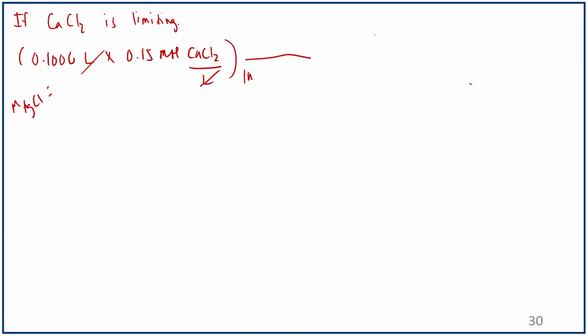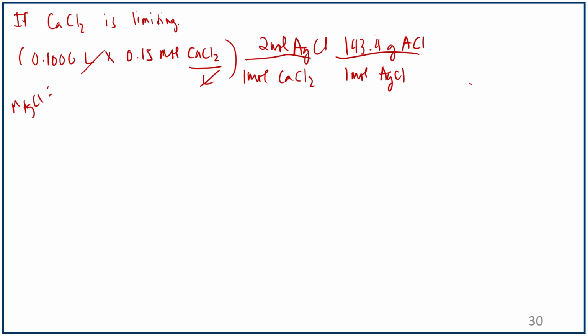This is 1 mole of calcium chloride to 2 moles of silver chloride, and then 1 mole of silver chloride is equal to 143.4 grams of silver chloride. Now this will give you 4.3 grams when terms cancel out.